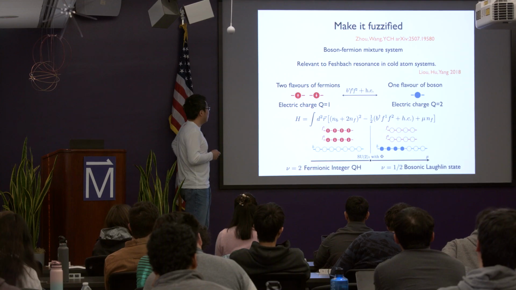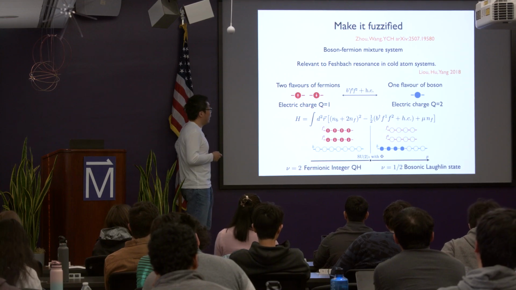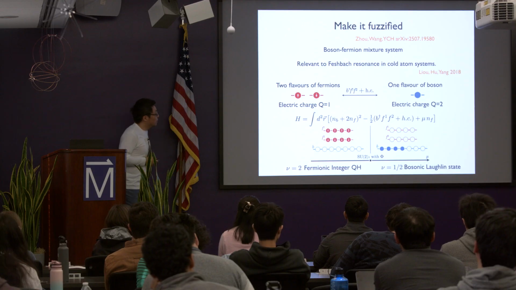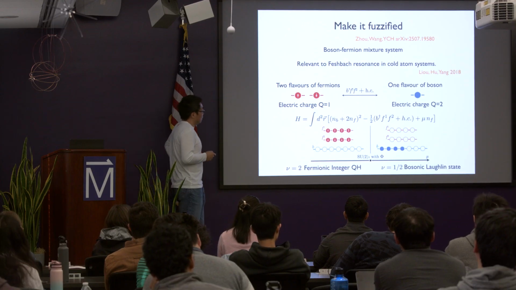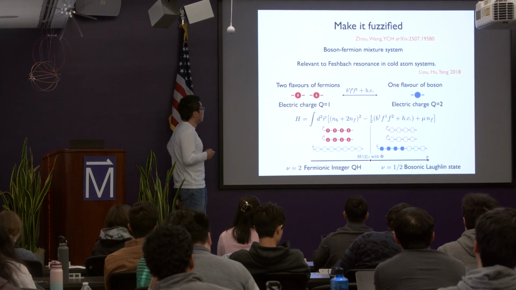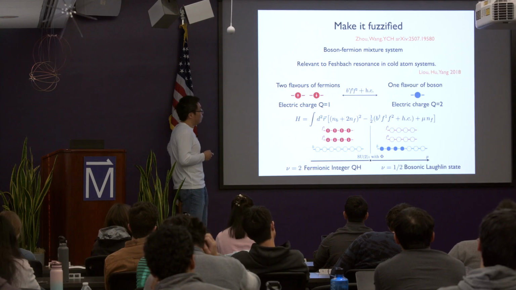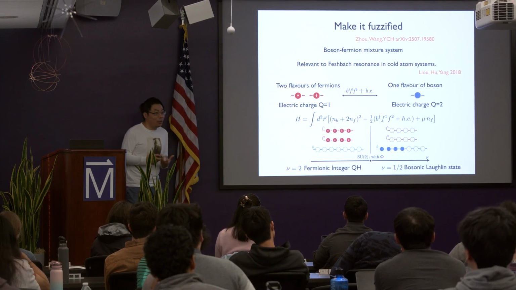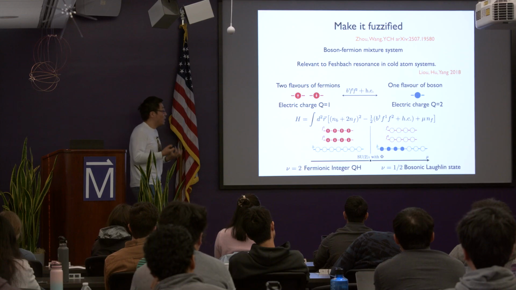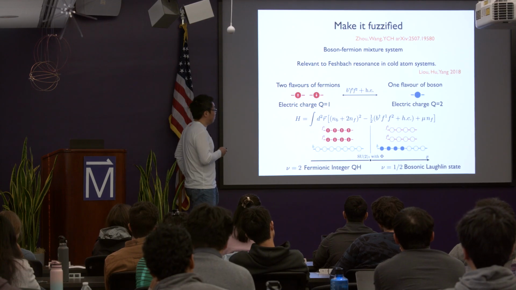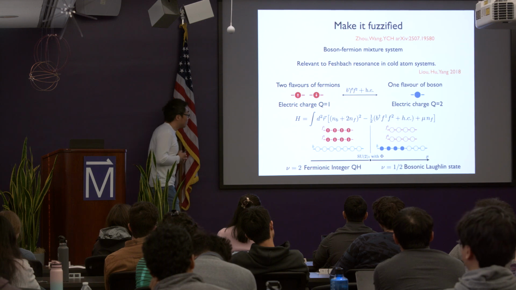The fermions carry electric charge 1, and the boson carries electric charge 2. That means you can indeed convert two fermions to one boson, using this b dagger f1 f2 term. In cold atoms, that's really like a Feshbach resonance. You can use it to make fermions bound to one boson.